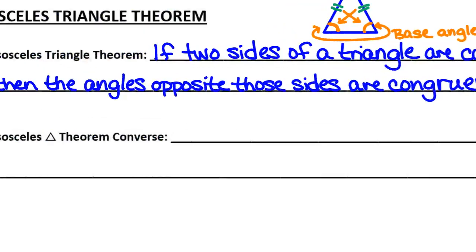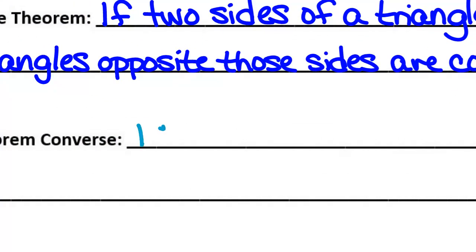The isosceles triangle theorem says if two angles, isosceles triangle theorem converse, my bad.